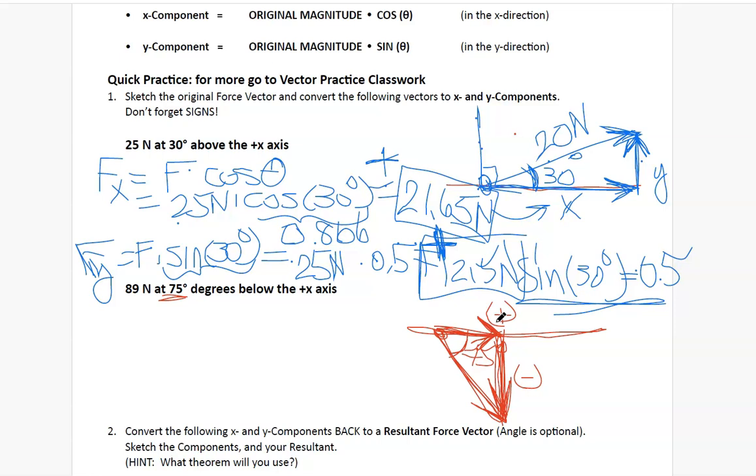So let's do the calculations just like we did before. The x component is the original force times the cosine of the angle. Well, that is equal to 89 newtons times the cosine of 75 degrees.